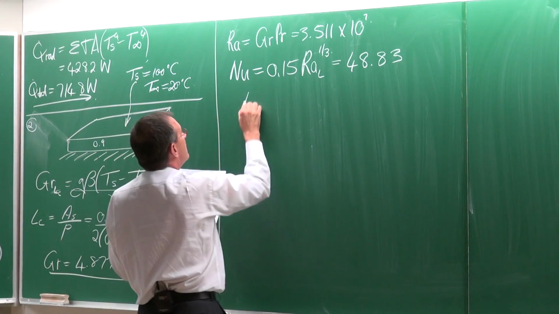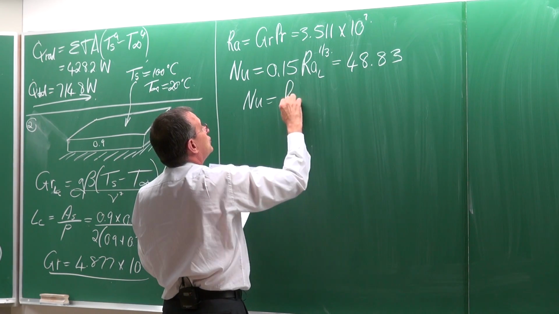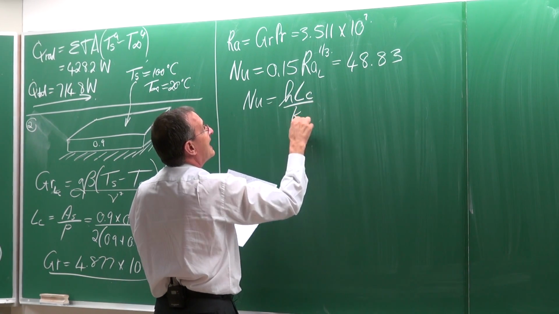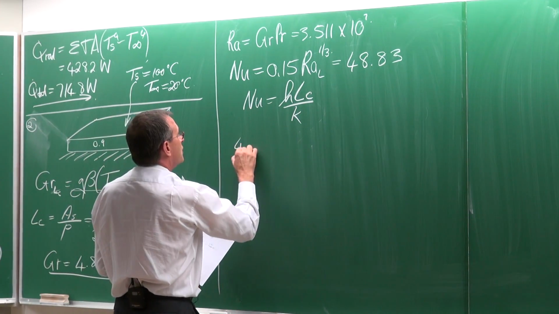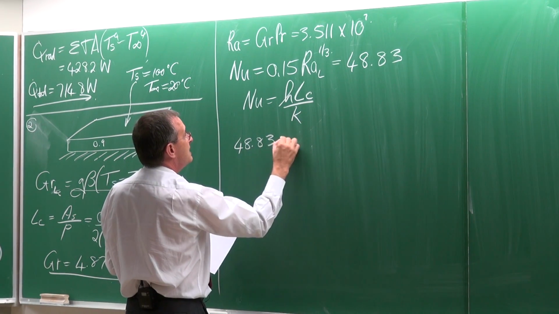The Nusselt number is equal to the heat transfer coefficient multiplied by the characteristic length divided by the thermal conductivity. The Nusselt number is 48.83.